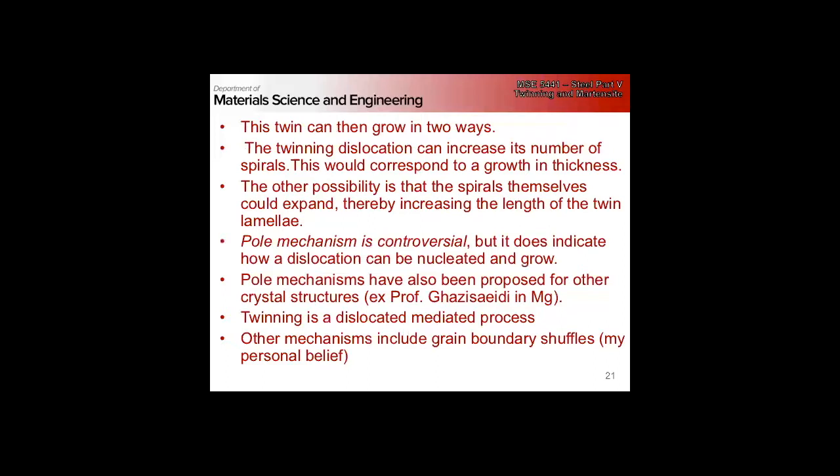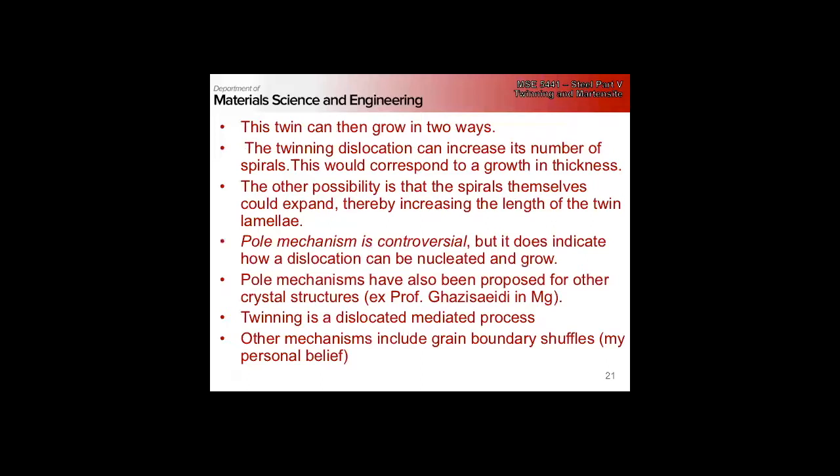But the key idea here is that the nucleation of the twins has to be a dislocation-mediated process, right? There's other mechanisms that, in my personal theory, so notice that this is basically a twin nucleating in the middle. The pole mechanism is a twin nucleating in the middle of the grain, right?